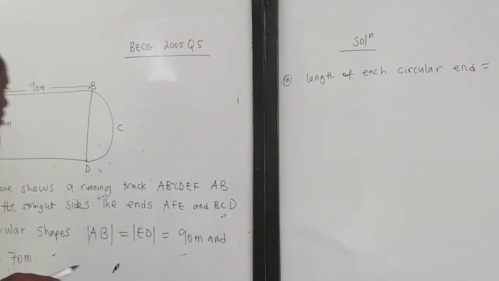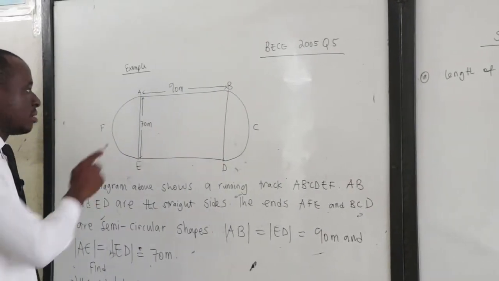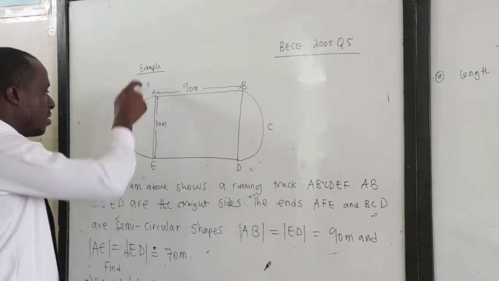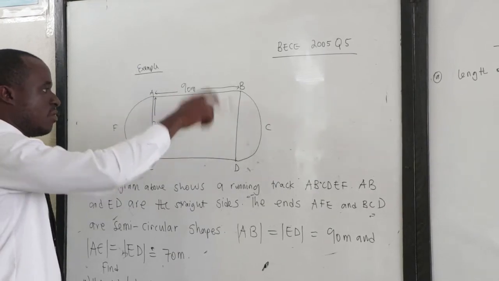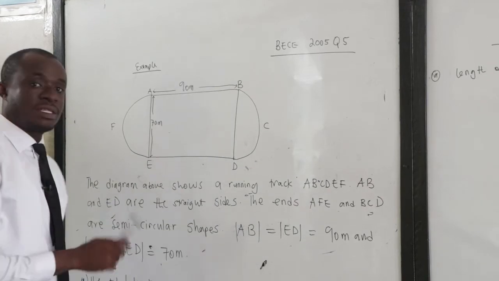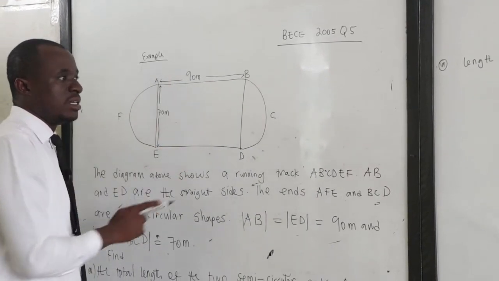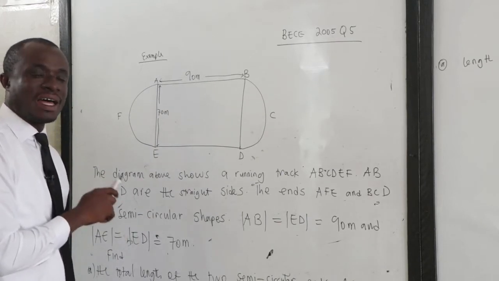This is not drawn to scale. You can see that clearly AE is 70, and we are also told that BD is 70. So it is telling us that AFE is the same as BCD. So the lengths are the same.